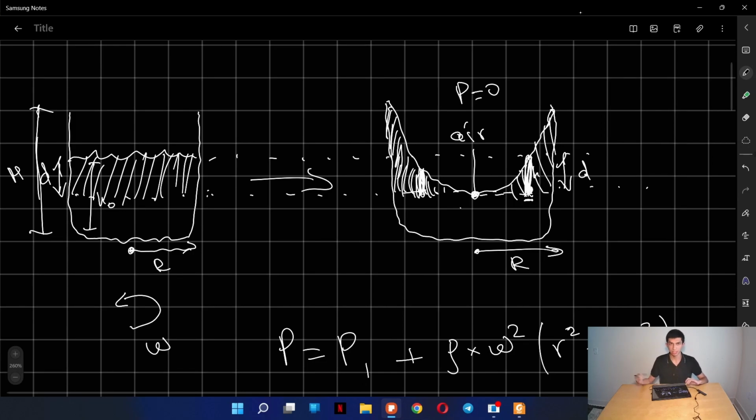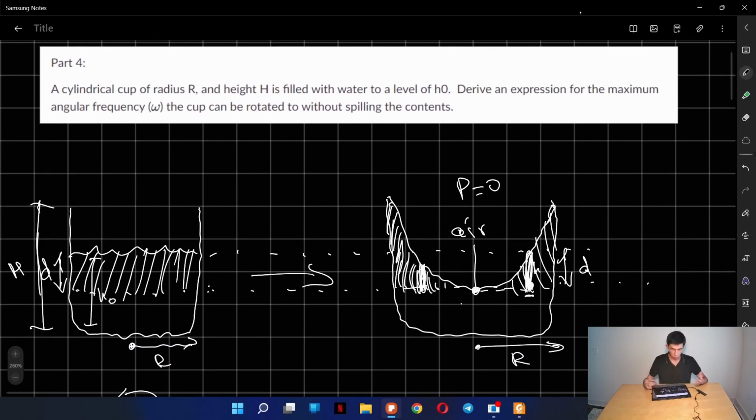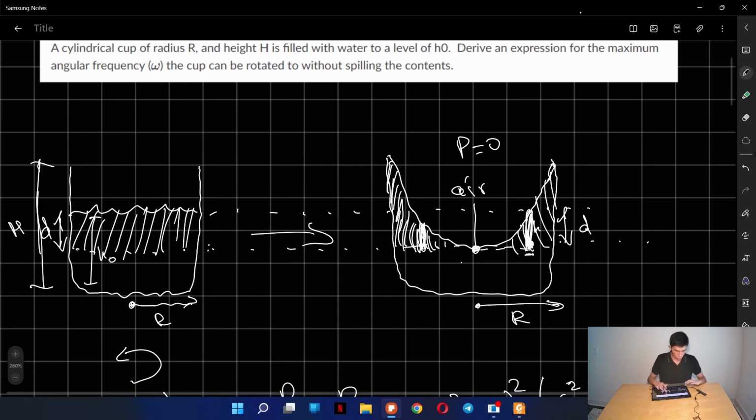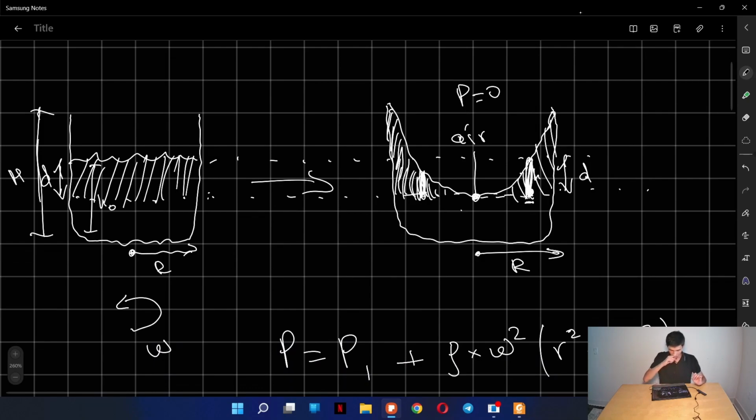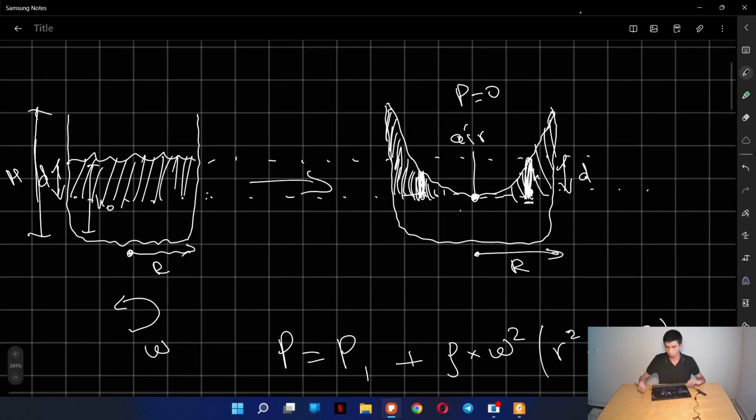So we're setting up a question where we should not spill any of the content. So we have some initial height, then it's going to decrease by the distance of d, and here it's going to increase by the distance of h. The h is measured from here by the level of water it decreases.